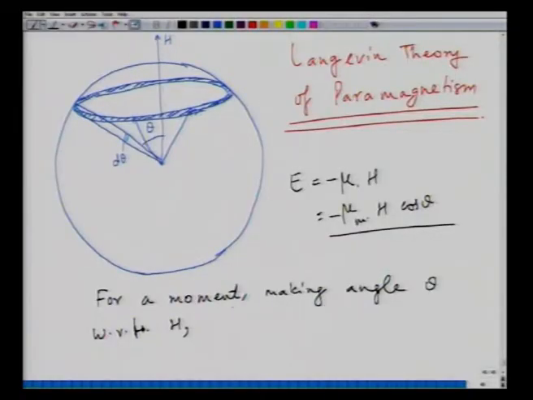So for a moment mu m making an angle theta with respect to H, the probability that it will be in energy state E is given by Boltzmann statistics.